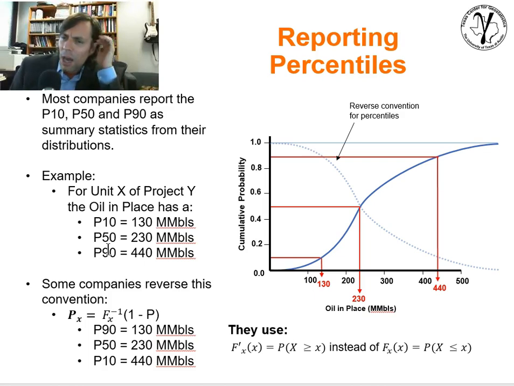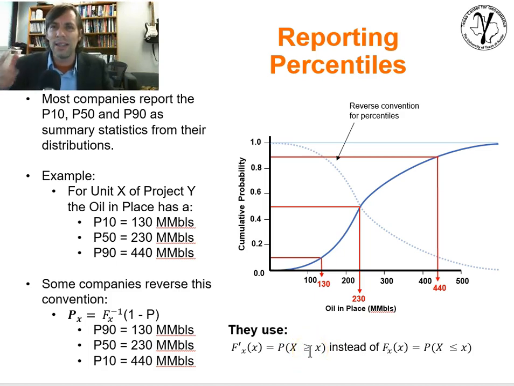Now, some companies reverse the convention. They've decided, effectively, that their CDF is flipped upside down, and that's what I'm showing right here. So instead of the CDF representing the probability of any random sample being less than or equal to a threshold, they're saying greater than or equal to a threshold.